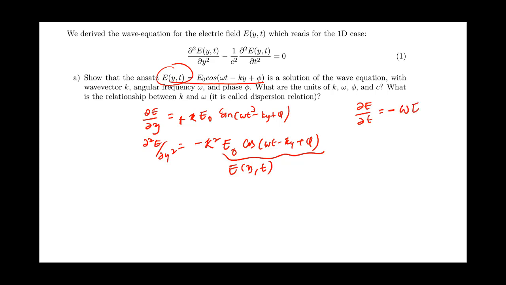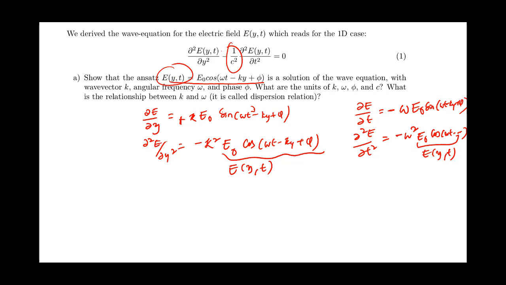And here you would get negative omega E naught sine omega t minus ky plus phi, and if I do dou square E by dou t square, I would get again minus omega square E naught cosine omega t, and this is nothing but again Ey of t, but you have a factor of 1 by c square here, right?